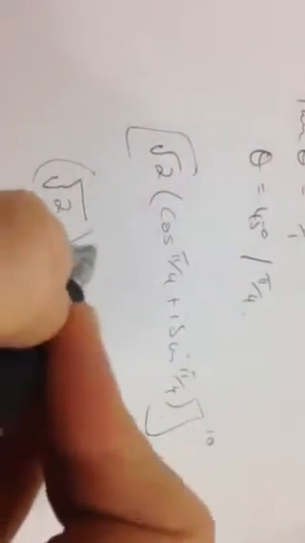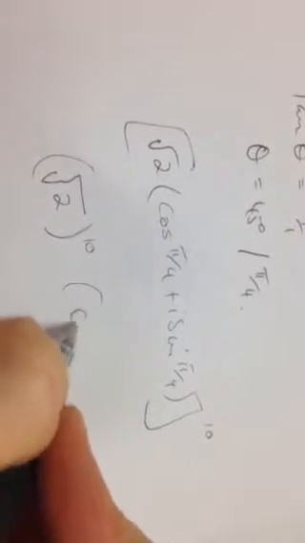That's root 2 to the power of 10 times the cos of pi over 4 plus i sine pi over 4 to the power of 10. Root 2 to the power of 10 is 32. And the cos of pi over 4 plus i sine pi over 4 to the power of 10, I can now apply De Moivre's theorem.